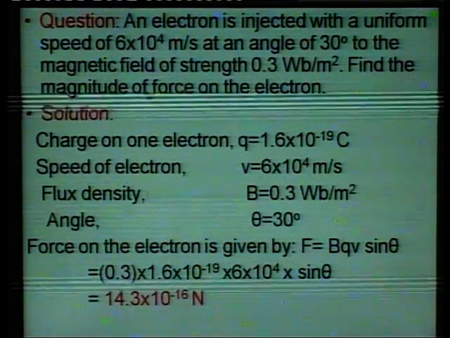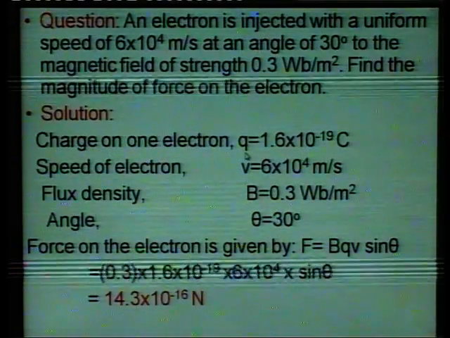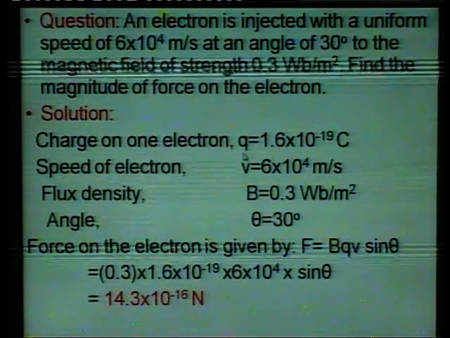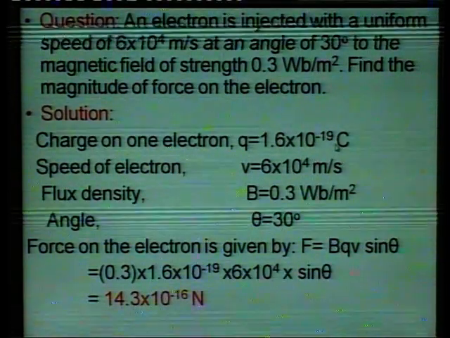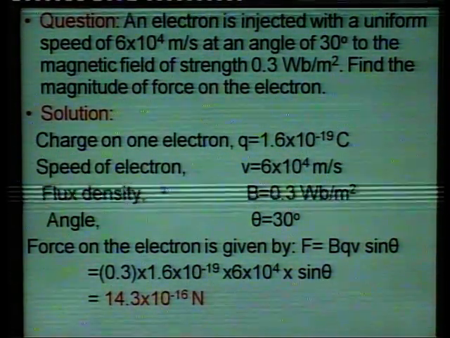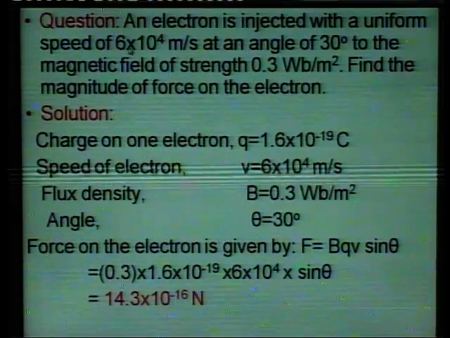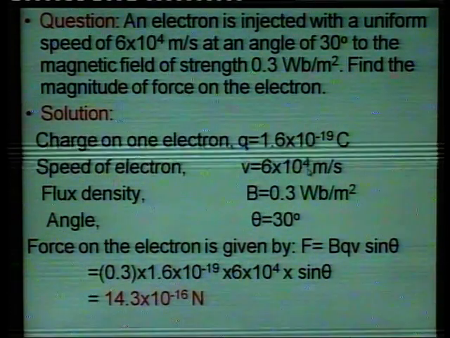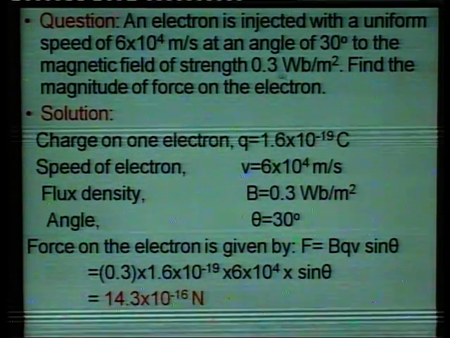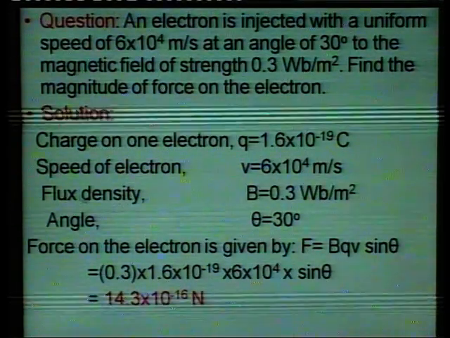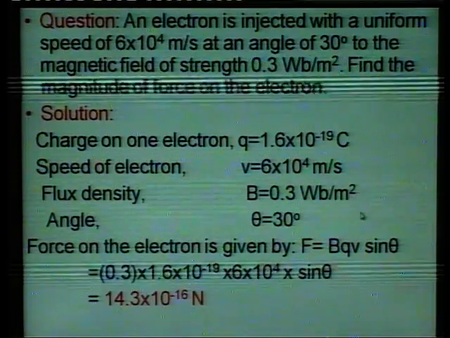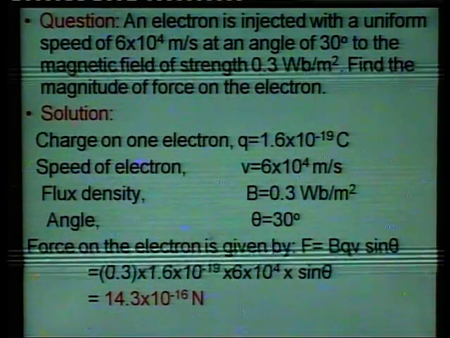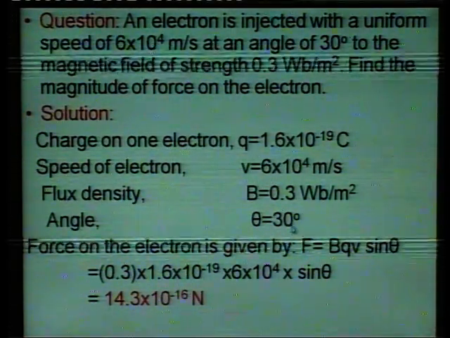What is given? Given is the charge q; for an electron, the charge we know is 1.6 into 10 raised to the power minus 19 coulomb. The speed of the electron is given, 6 into 10 raised to the power 4 meter upon second. Then the field strength B is 0.3 Weber upon meter square, and of course the angle theta is also given, 30 degree.